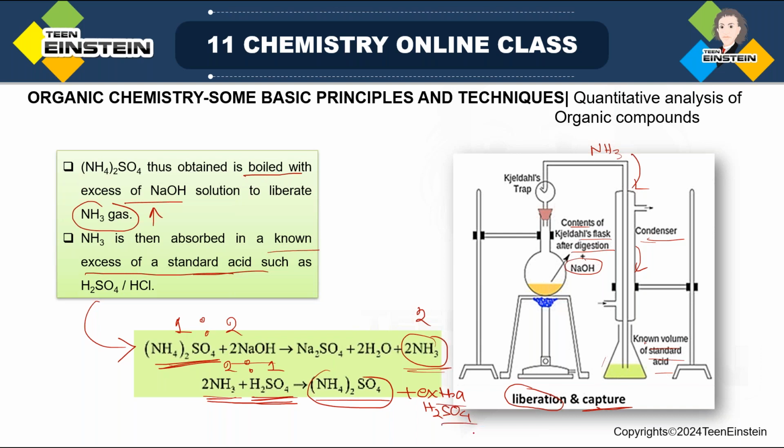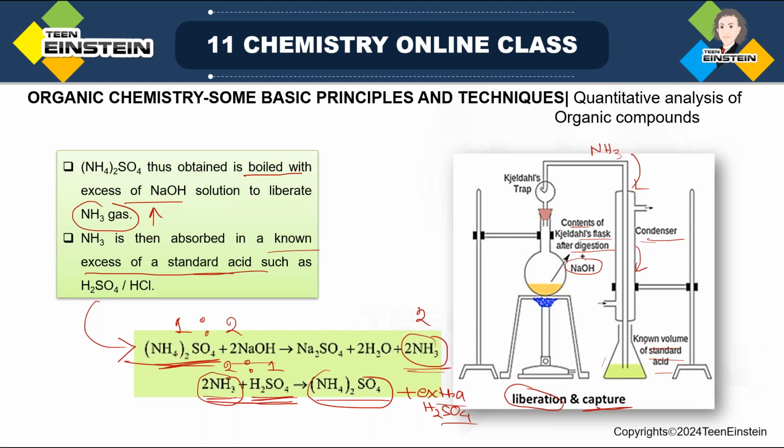If you know the extra unreacted H2SO4, obviously you will know the reacted amount. Then you know the number of moles of ammonia. If you know the moles of ammonia, you know the moles of ammonium sulfate, and then you also know the moles of nitrogen atoms. So this is the purpose of this extra step: ammonia is produced, then ammonia is again reacting with H2SO4.